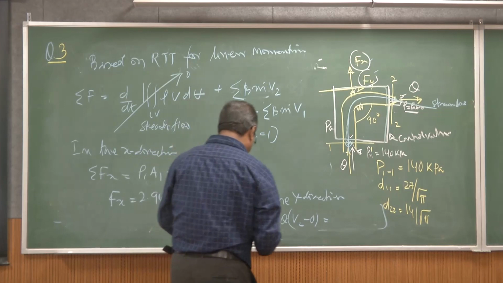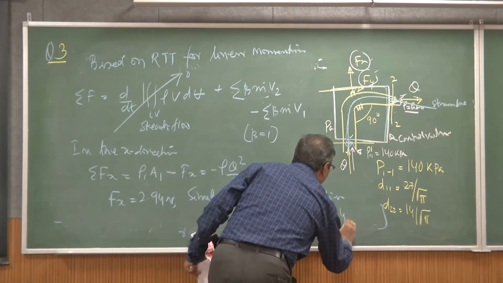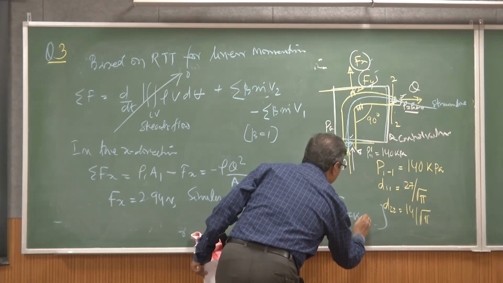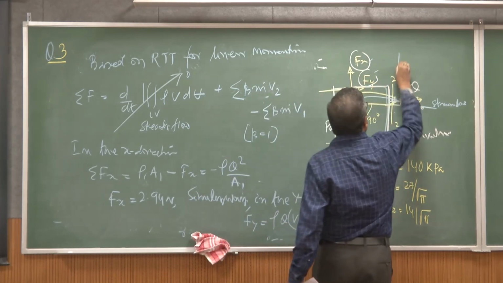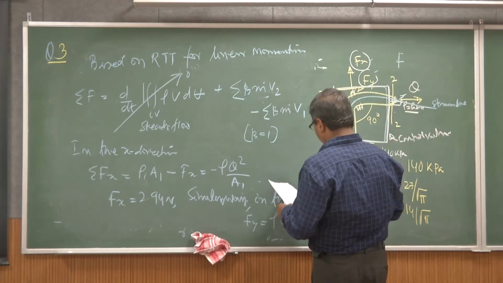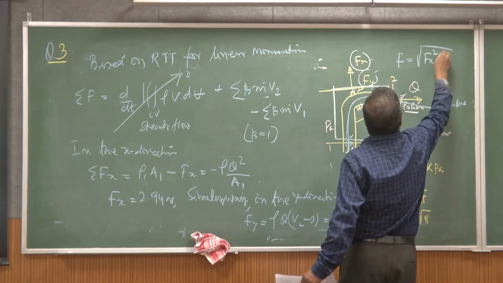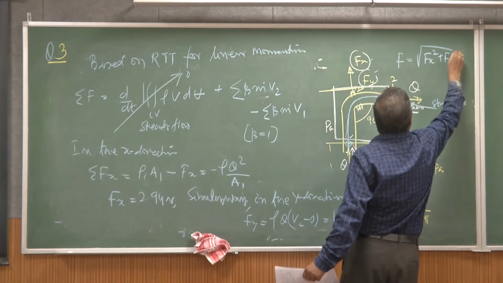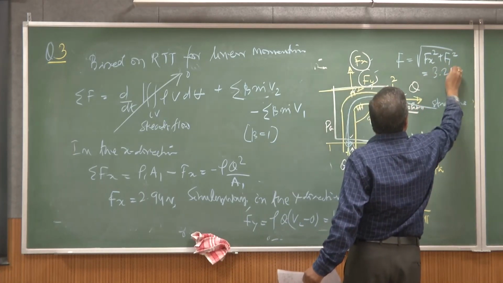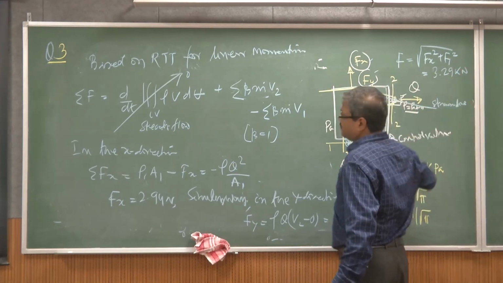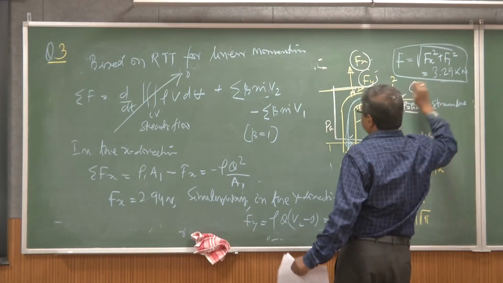By substituting this value, Fy comes out to be 1.7 kilonewtons. As we know these Fx and Fy values, we can compute the resultant force, which is the square root of Fx squared plus Fy squared. That value comes out to be 3.29 kilonewtons. This is the solution for this problem.